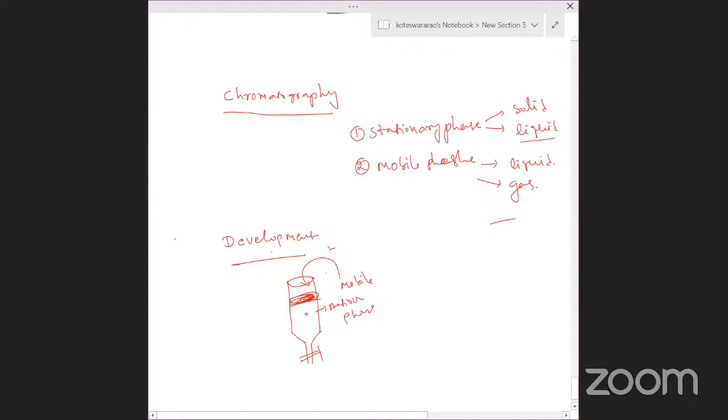During the adsorption and desorption phenomena, the mobile phase moves along with the components of the sample mixture. Because of different adsorption and desorption strengths and capillary action, the compounds are separated out. This phenomenon is called development of chromatography.